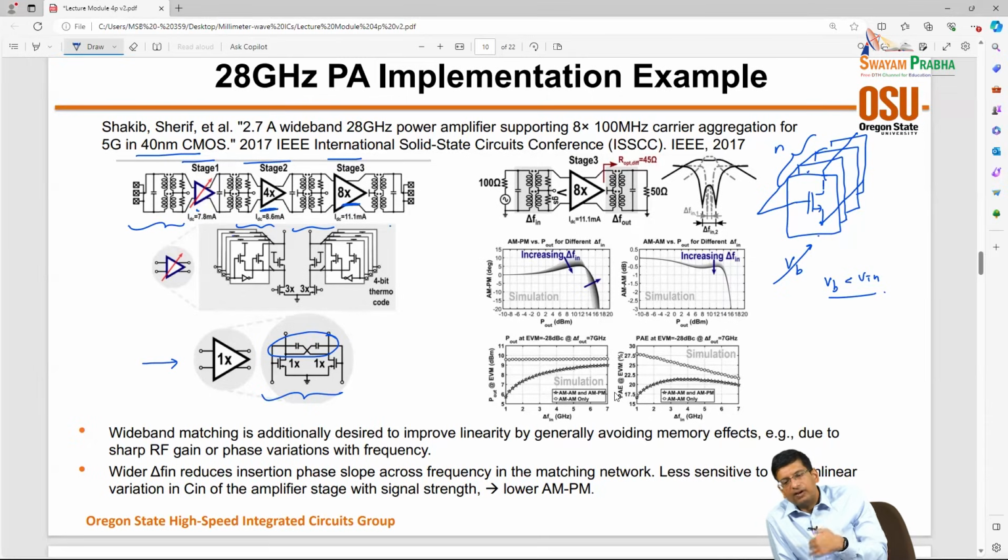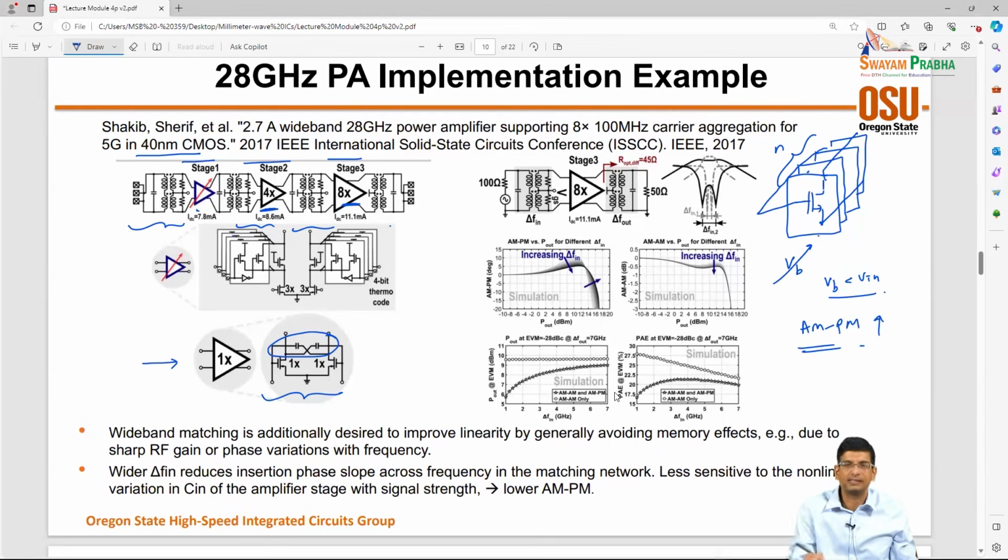But even after that, if I am operating with my V bias below threshold, what happens is that my AM to PM really is increased, because my transistor capacitances are going through a lot of nonlinearity in the input signal swing. So then in an earlier generation of their design, what they do is they put a degeneration inductor here. Sorry, not in the common mode, but in the differential mode, right.